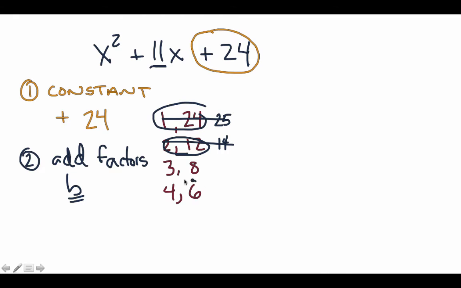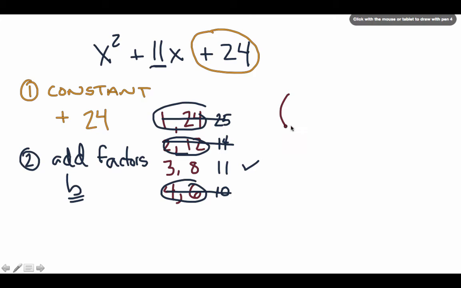That's not it. 4 plus 6 is 10. That's not it. And yes, I skipped this one intentionally because 3 plus 8 is 11. That's the one. So now, your next step is to take a parenthesis and a parenthesis.